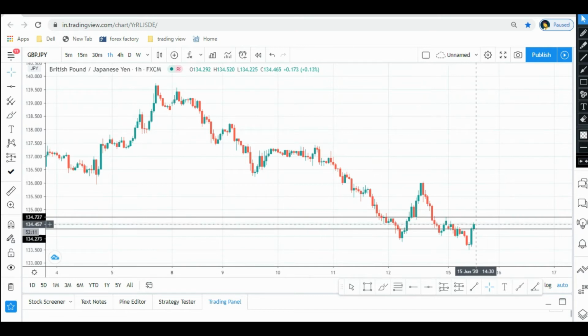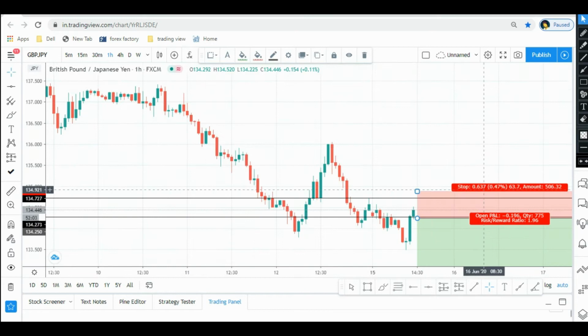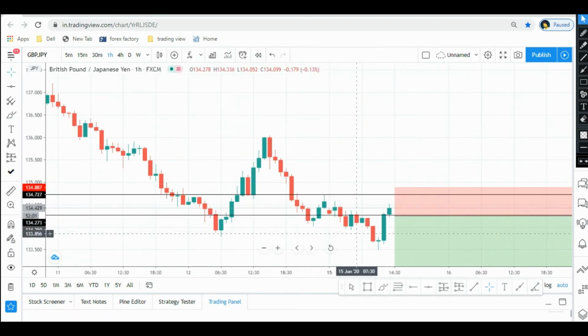So I placed a sell order here, but unfortunately I was supposed to place a sell order in this particular area, because let me show you, this area acted as a support. So after a breakout, when you see this type of candle, you have to find the nearest resistance.